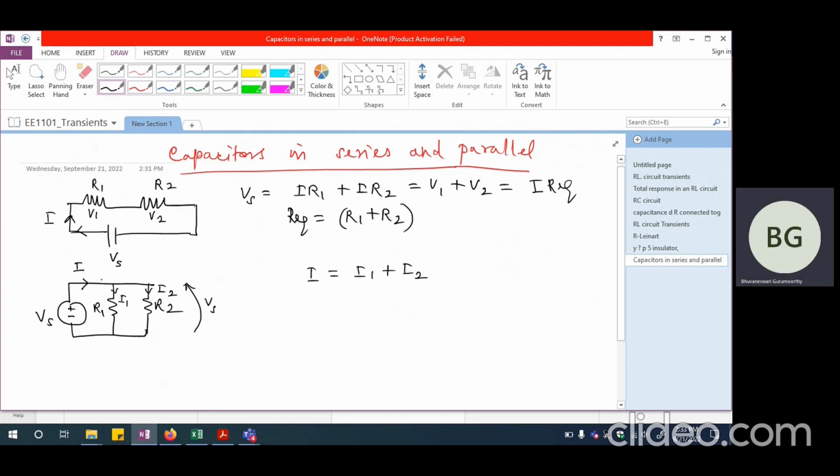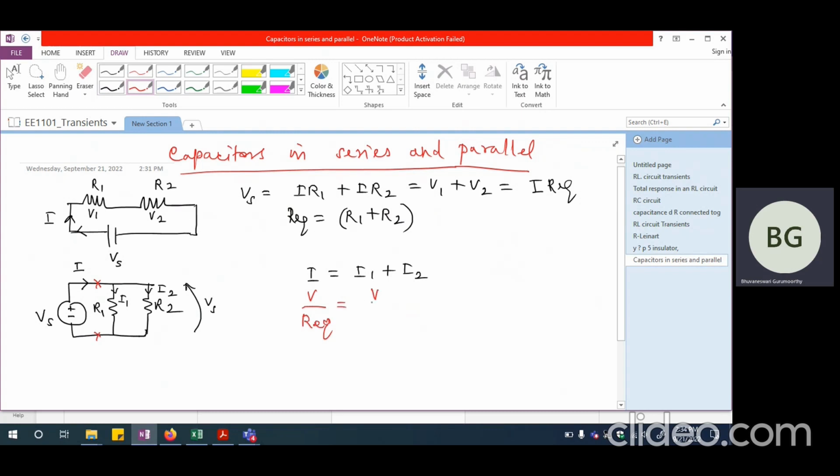And this I should be V divided by R equivalent, as seen across the terminals of the source.